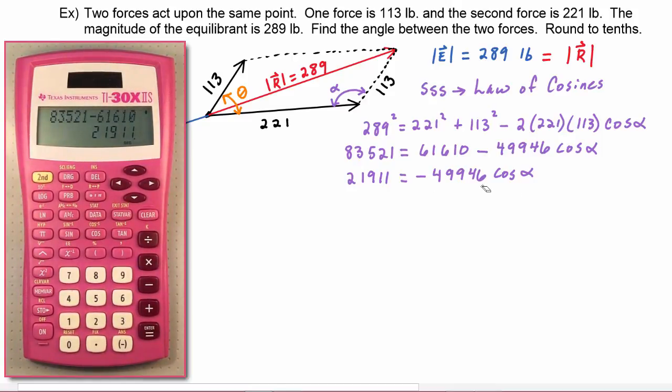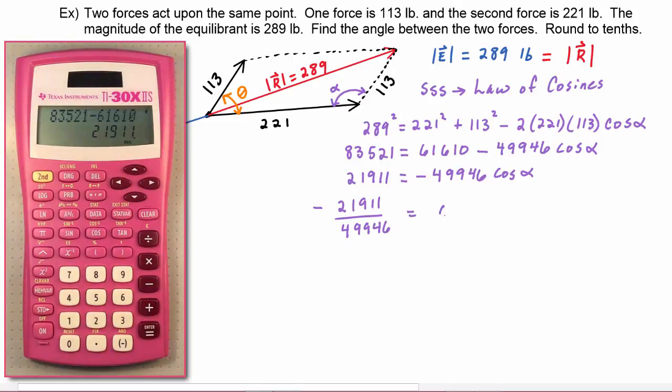Next, we will divide by the negative 49,946. So the left-hand side becomes negative 21,911 over 49,946. And the right-hand side is cosine alpha. We have to take the cosine inverse of both sides.